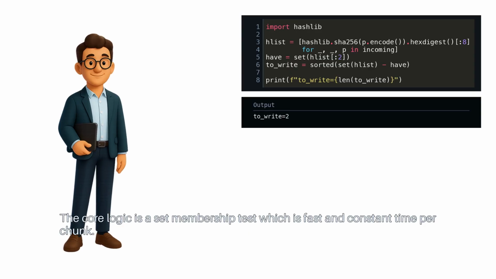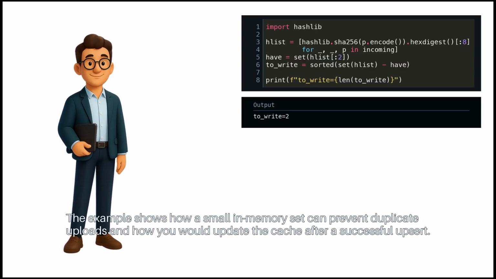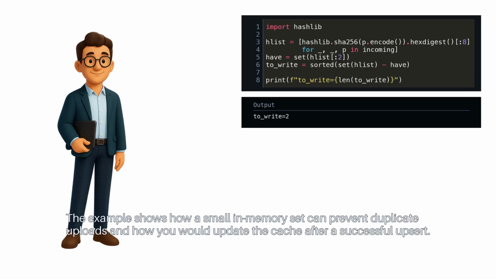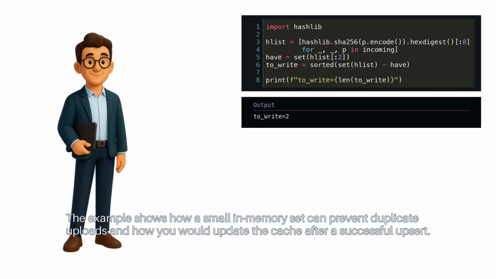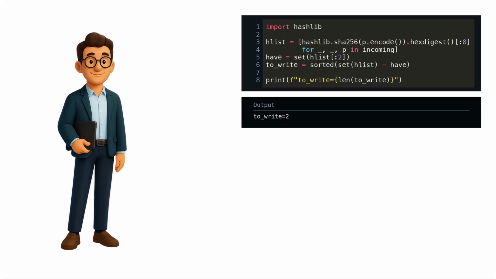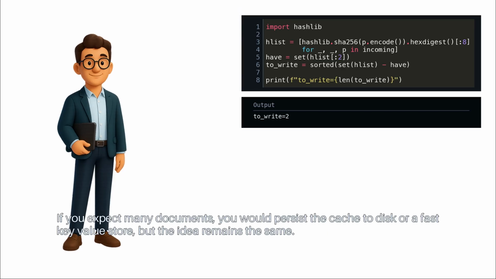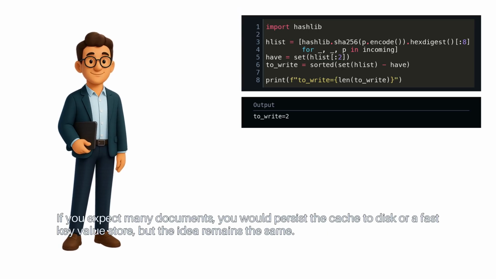The core logic is a set membership test, which is fast and constant time per chunk. The example shows how a small in-memory set can prevent duplicate uploads, and how you would update the cache after a successful upsert. If you expect many documents, you would persist the cache to disk or a fast key value store, but the idea remains the same.